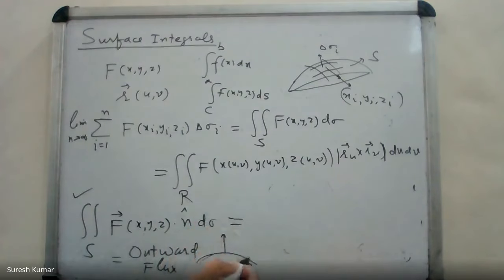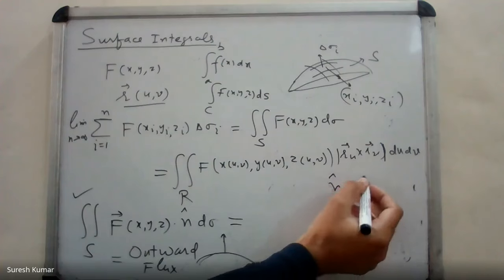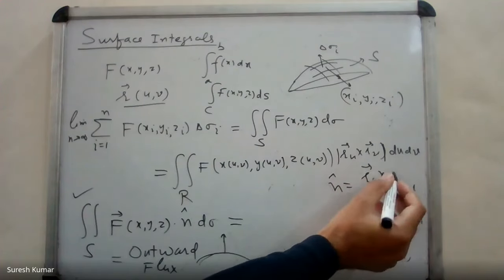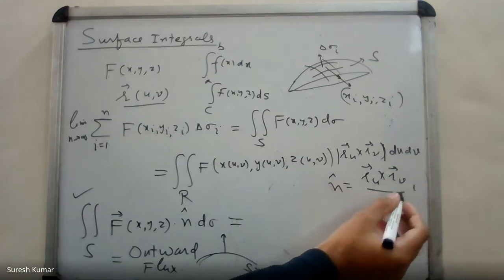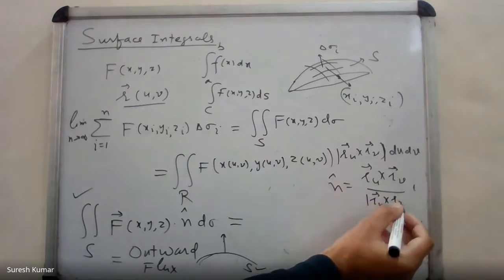If the surface is parameterized by r(u,v), then what is n cap? You know r_u cross r_v is a vector normal to the surface. n cap means divide this vector by its magnitude.